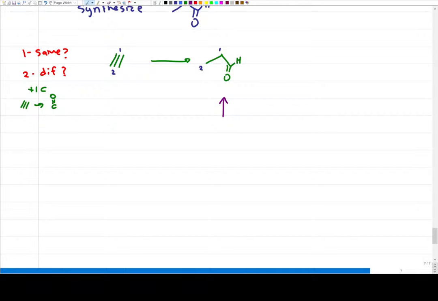Oh, interesting. Ozonolysis would give us... I'm trying to think what students would have learned in the alkyne chapter, because there's another way that we can do this in case you didn't learn the reaction that I'm thinking. Yeah, ozonolysis will give us a carboxylic acid.